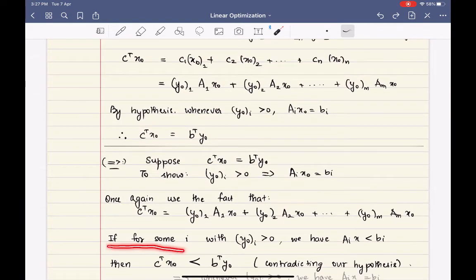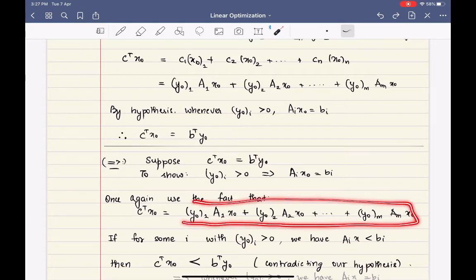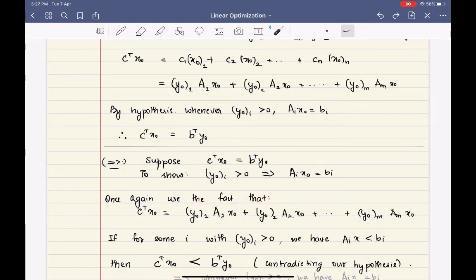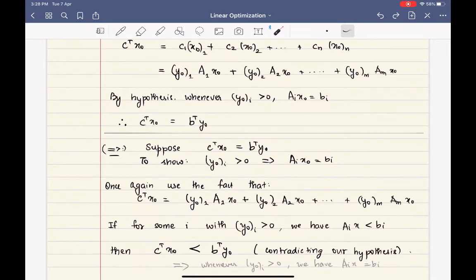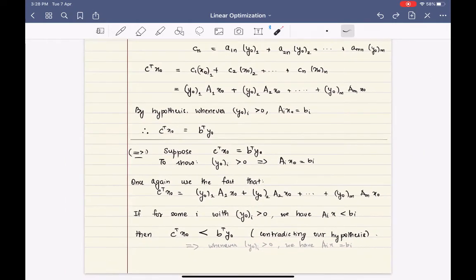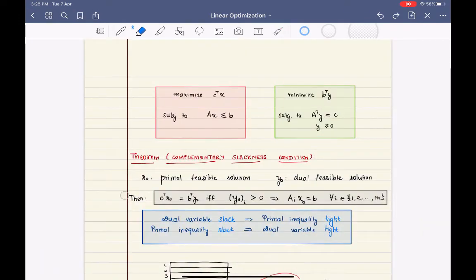If for some i with y0i strictly bigger than 0, we have Ai x less than bi, then when you add all of them, you will get C transpose x0 strictly less than B transpose y0. Okay, and this contradicts our hypothesis. And hence, whenever y0i is strictly bigger than 0, we should have equality. Okay, so this concludes the proof of this theorem.